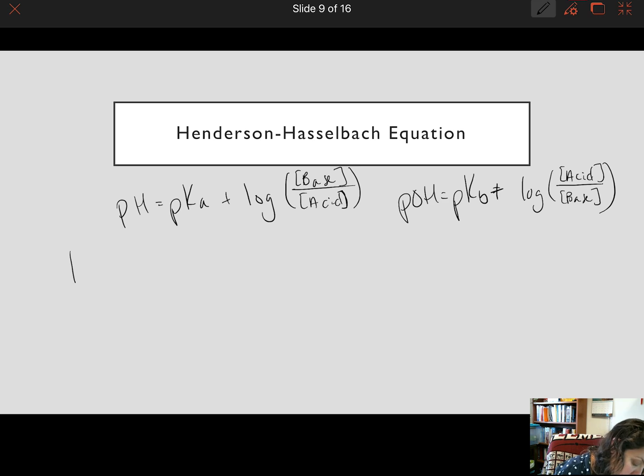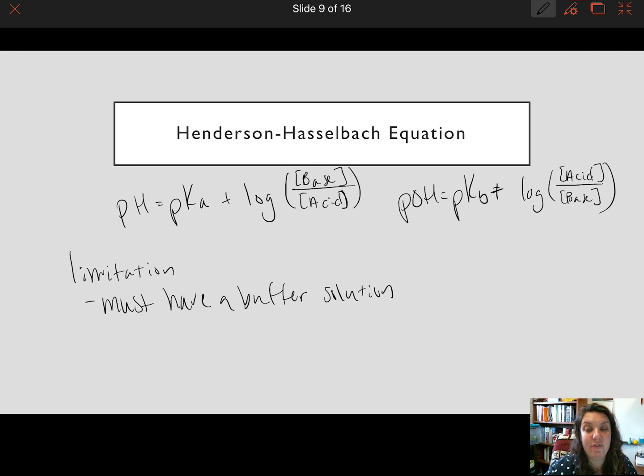There are some limitations to this equation. We have to, one, have a buffer solution. For it to be a buffer solution, we have to have a ratio of acid to base bigger than 0.1 or less than 10.